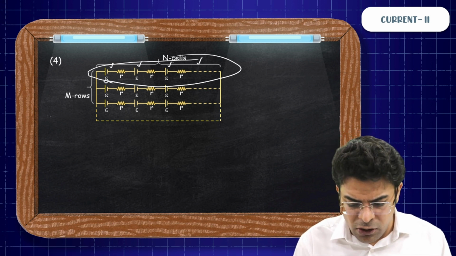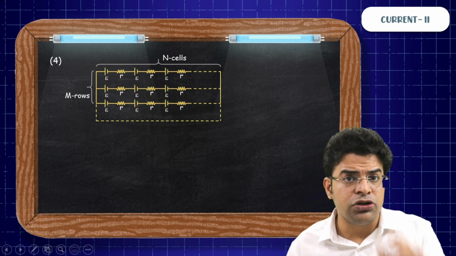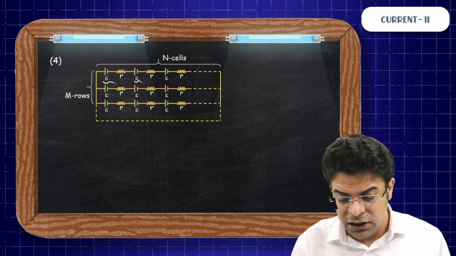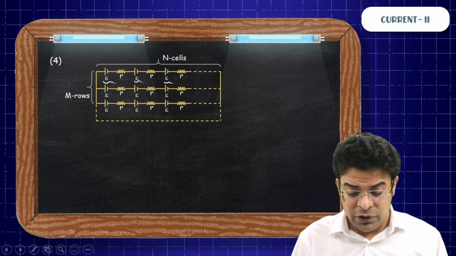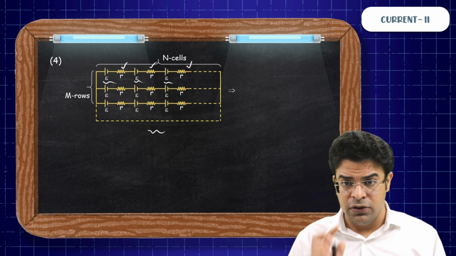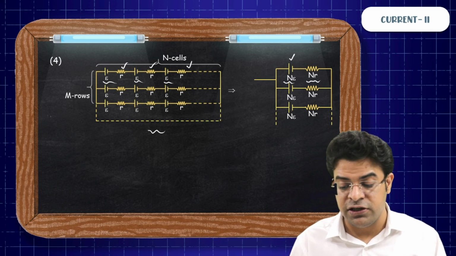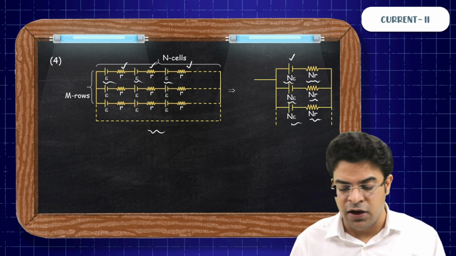So replacing all these individual cells, I can place only one cell using the series combination and say that in one line the equivalent EMF is NE and in one line the equivalent resistance is NR. So I can think of this whole grid to be same as in each line I have got an EMF of NE, equivalent resistance of NR, NE, NR, NE, NR.